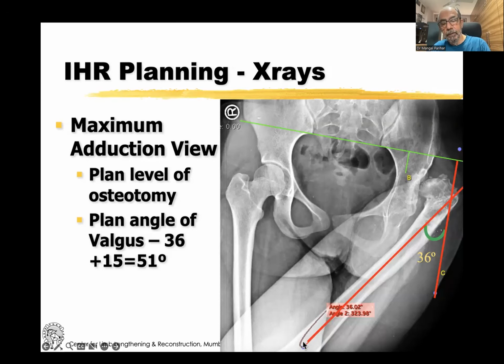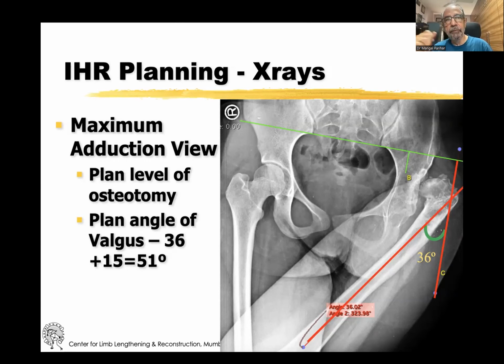And then that maximally adducted view is the angle that is needed, after you do the osteotomy, to bring the distal portion in line, or rather perpendicular to the line of the pelvis. So in this case, to get the leg straight while keeping that proximal femur in maximum adduction, you would need to do 36 degrees of correction.